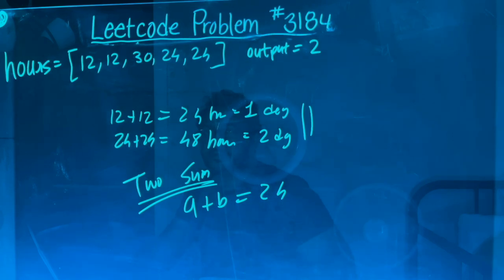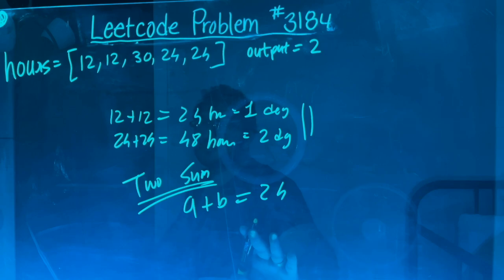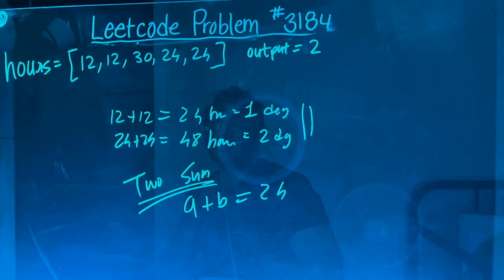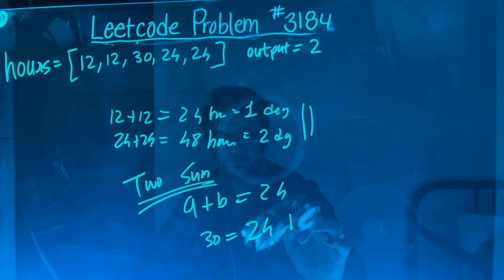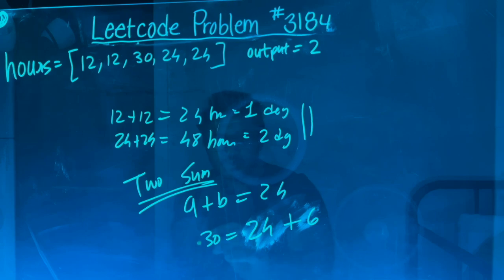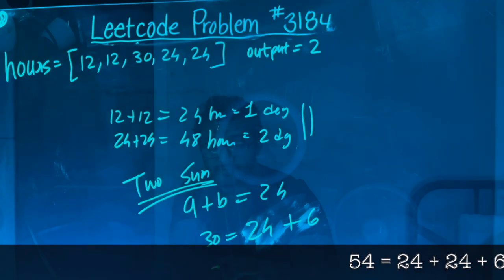To solve this, we are going to update our hours with the modulo operator 24. Modulo in the sense is, take this example 30. This 30 is 24 plus 6. If I add 24 more, it is going to be 54.